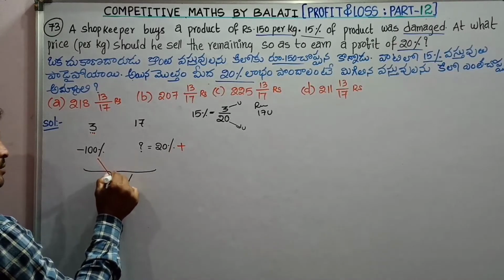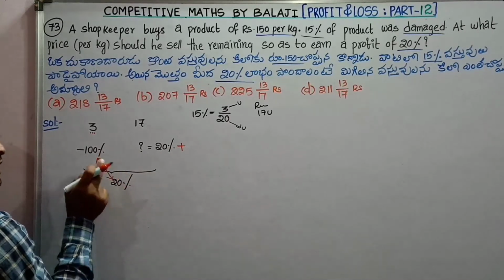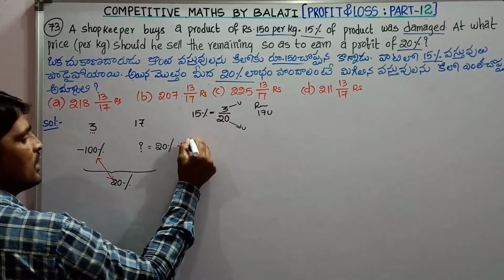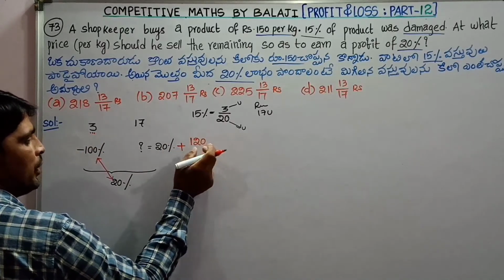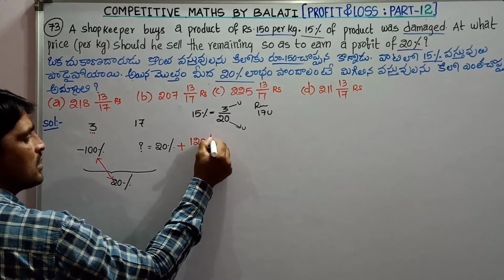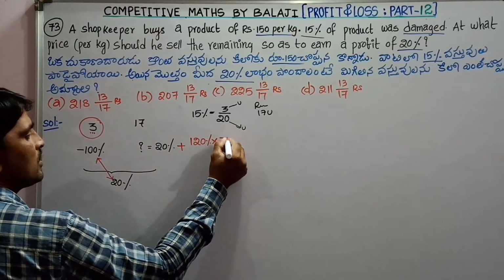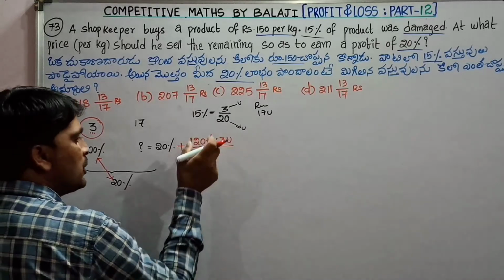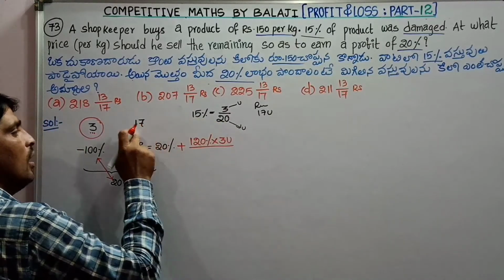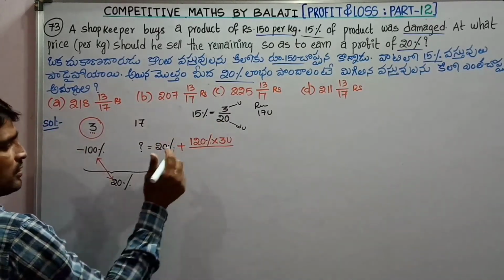Deficiency is 20 minus minus 100, that is 120. Deficiency is 120% on 3 units. Damaged units are 3 units. This deficiency must be covered by the remaining 17 units of product.